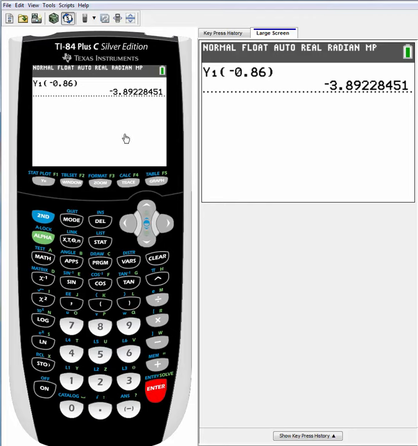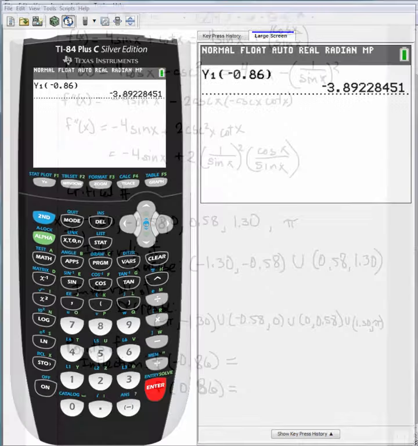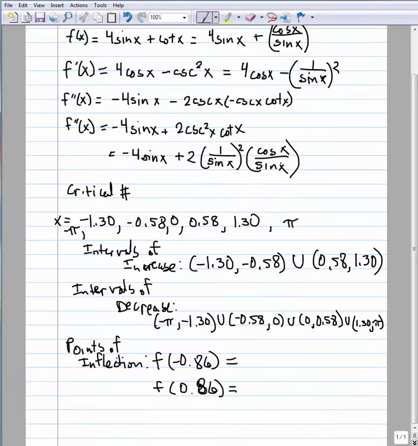So that is negative 3.89. As an ordered pair, that would be negative 0.86, comma, 3.89.